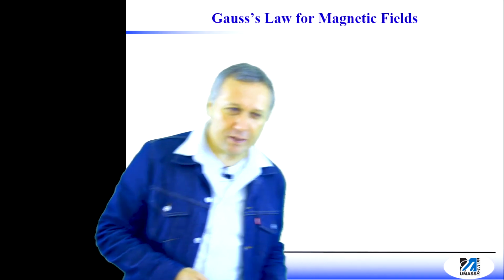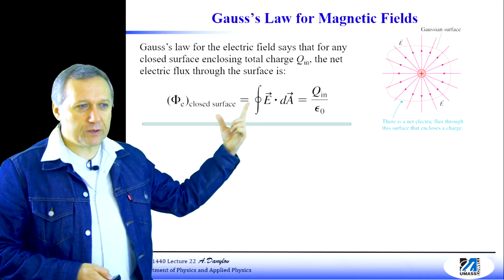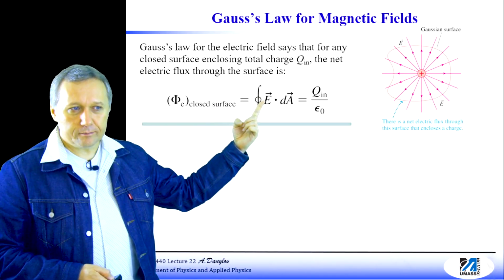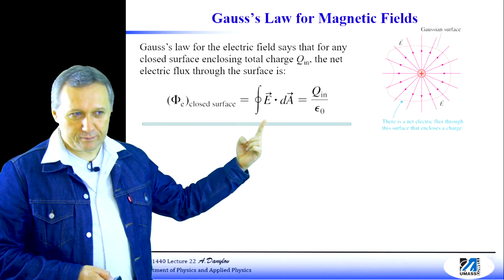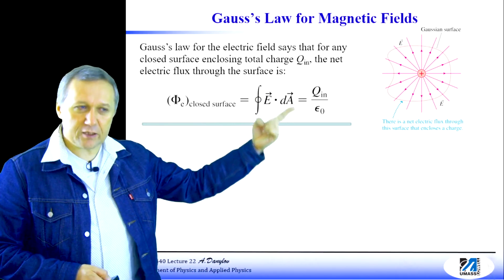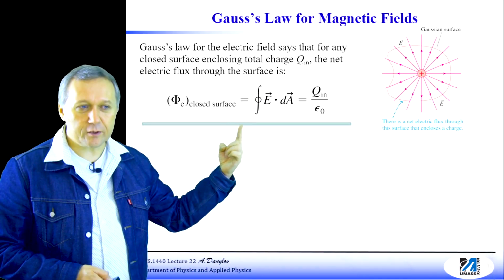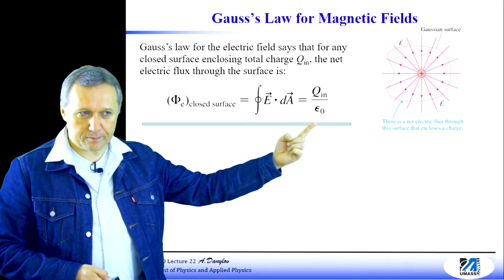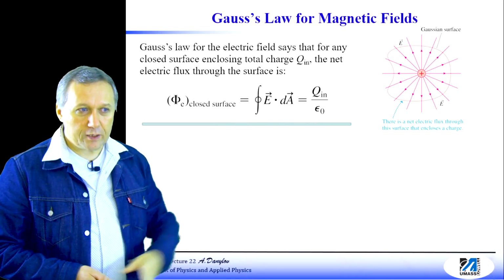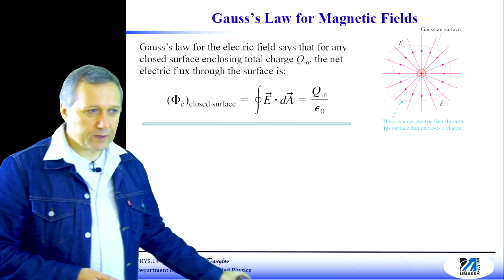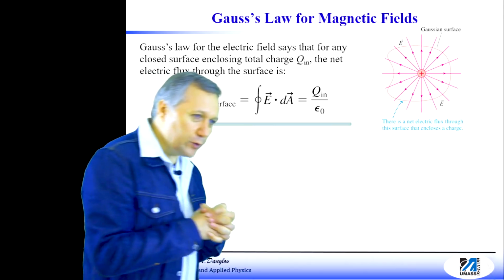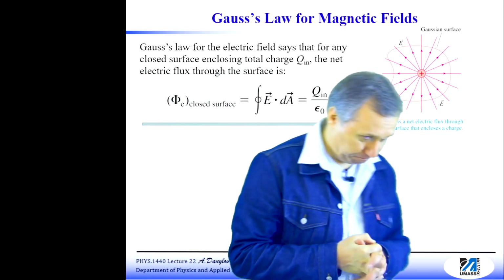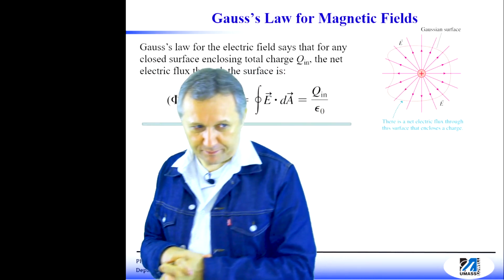It's our first fundamental law. You remember it's an integral over a closed surface, E dot dA, basically the electric flux through the Gaussian surface, equals Q enclosed over epsilon naught. And you see, we have this law for the world of electricity, but we don't have a similar law for the world of magnetism.